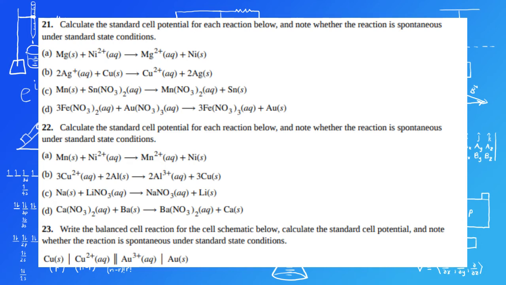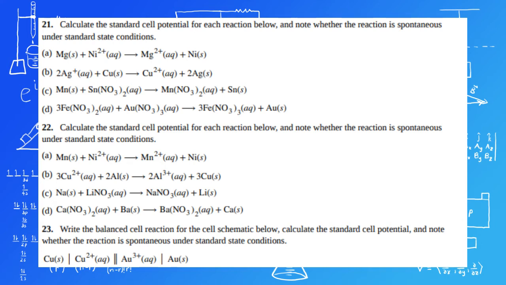So aside from that, it should be pretty easy. Reduction potential of whatever got reduced minus reduction potential of whatever got oxidized, or reduction potential of what gets reduced plus oxidation potential of what gets oxidized. Not too hard to figure out. 22 is more of the same.